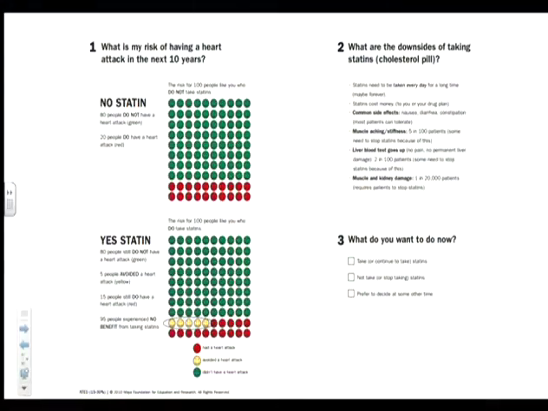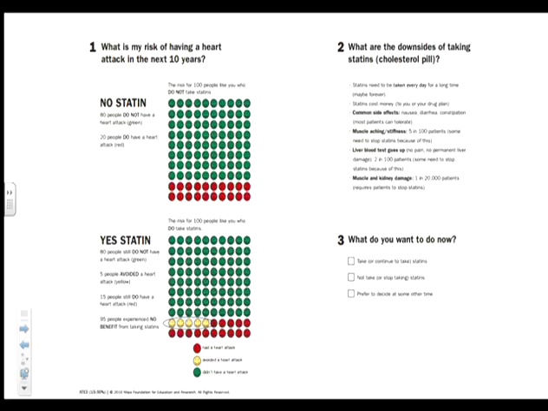The second tool that I will show you here, the other decision aid, is around statins for primary prevention. There's not a lot of debate whether or not a statin should be used for secondary prevention, because we know there's a great benefit there. But if they haven't had a heart attack, what are the odds that a statin will prevent that first heart attack? Well, that's what the first graph on top shows. And then beneath, it also shows what their odds are if they were to take a statin.